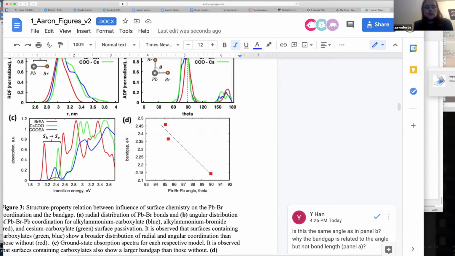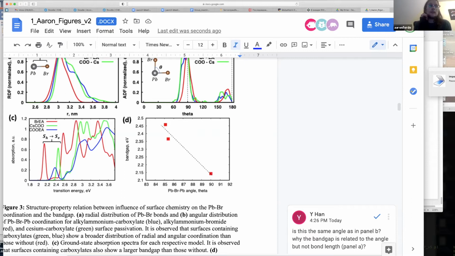Ideally, if it's a fixed bond distance, then the angle would be the most important. But Yulin is right that my distance isn't fixed for all the models, so there are changes in the average bond distances as well.